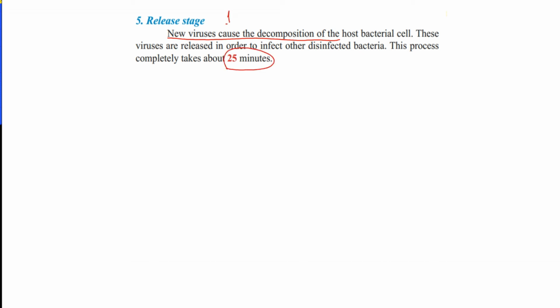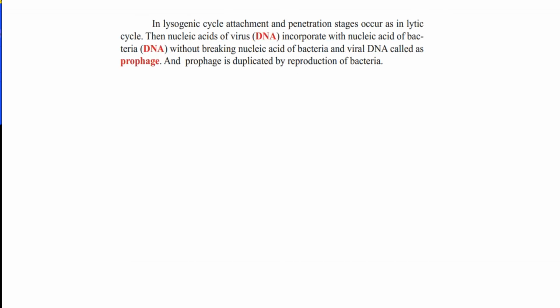Means one virus in 25 minutes produce 100 to 200 new viruses. But how? In a host cell. Because the host cells are broken down, digested or destroyed, we call the stage lytic cycle of reproduction in virus.